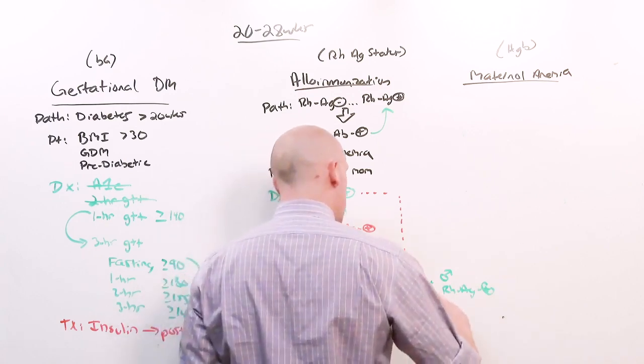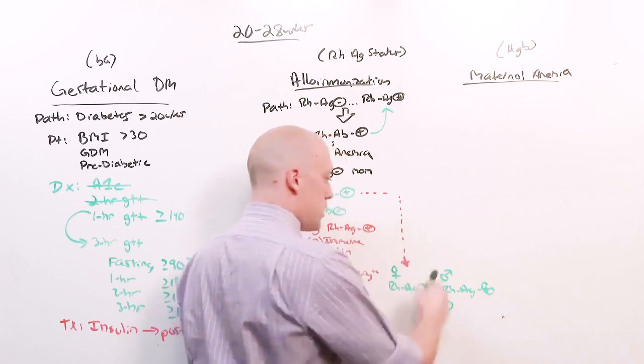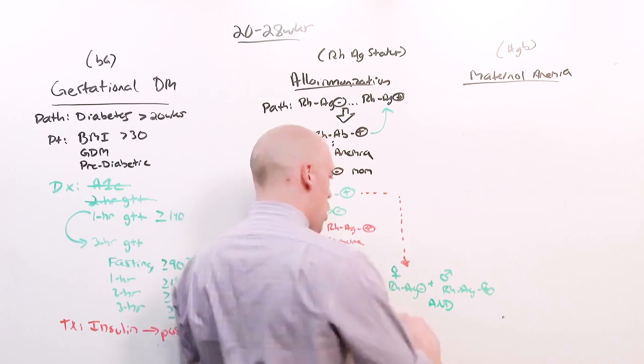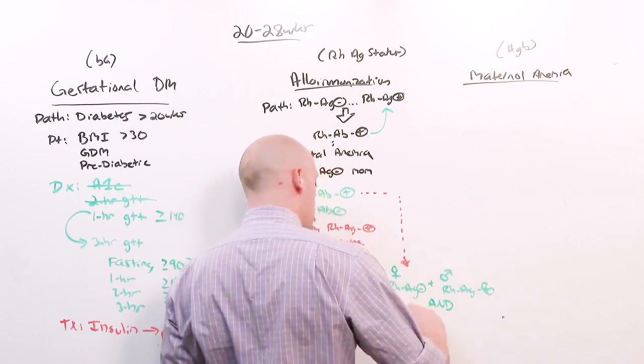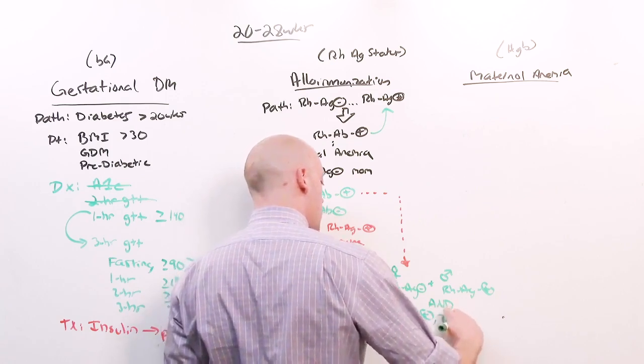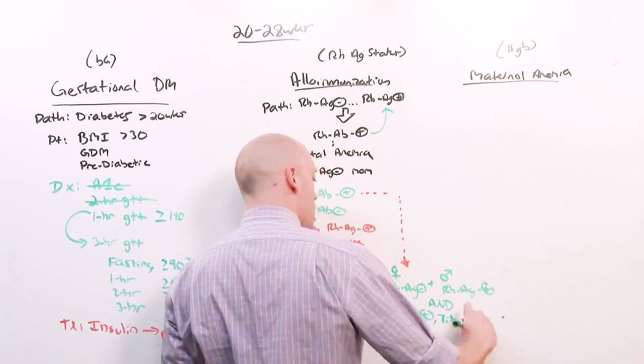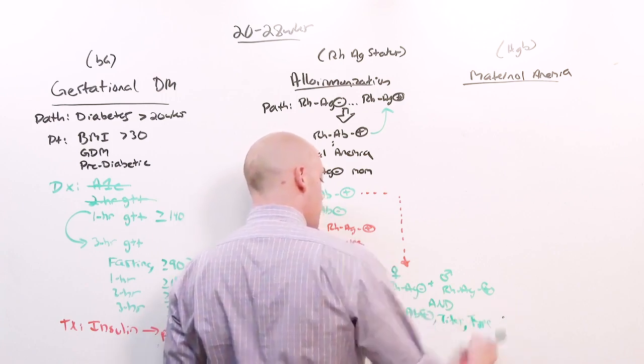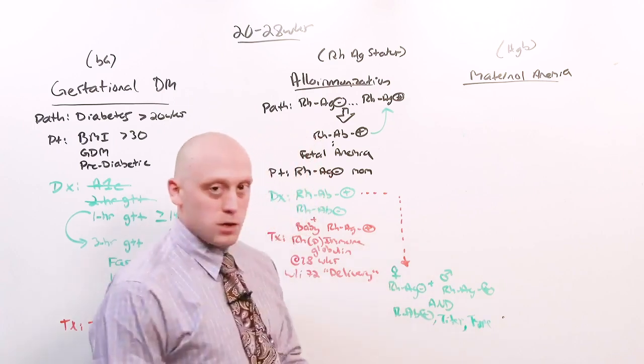And during this pregnancy, mom had Rh antibody positive, and they were in sufficient titers to cause a problem, and they're the right type to cause a problem. See more on that in the alloimmunization lecture.